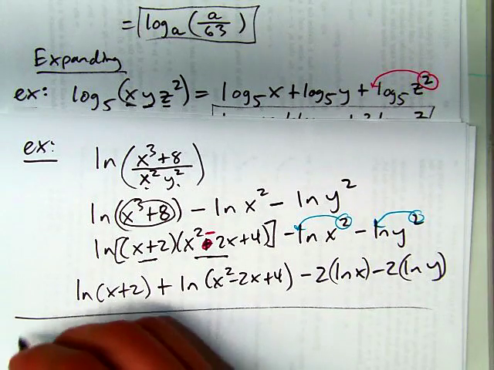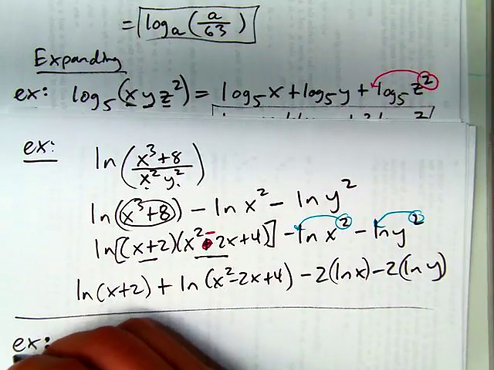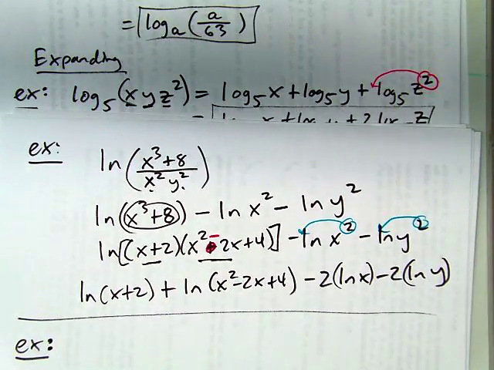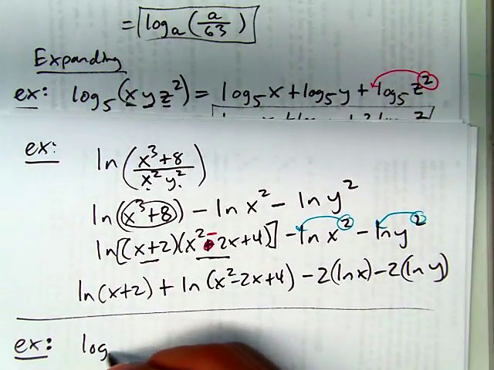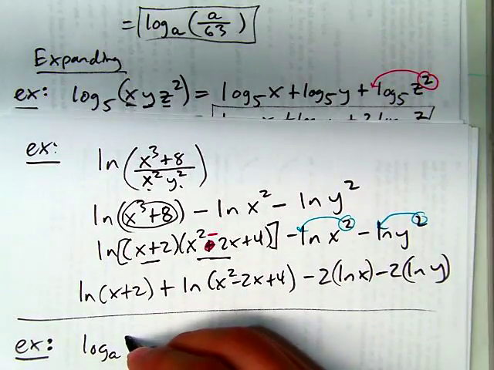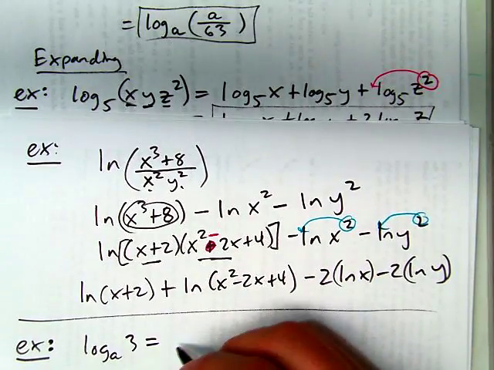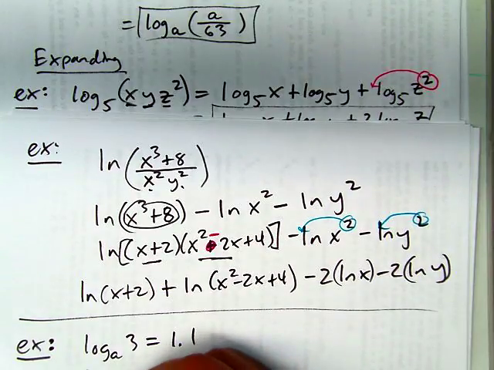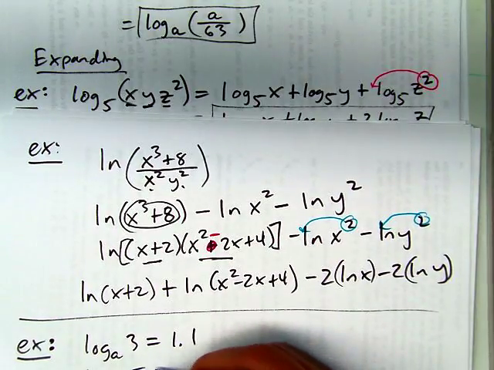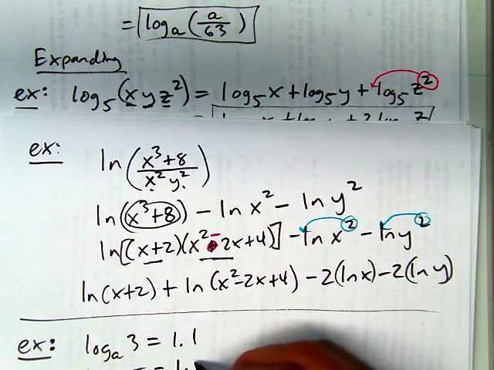Let's say we know that the log base a of 3 equals 1.1. Let's say log base a of 5 equals 1.3.